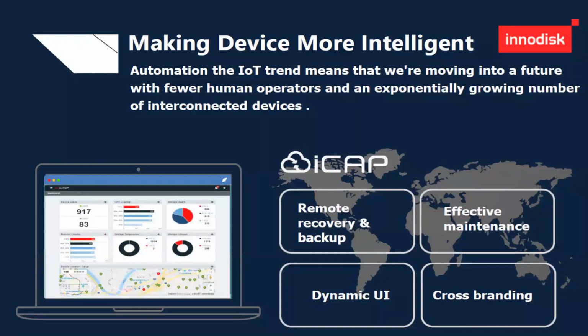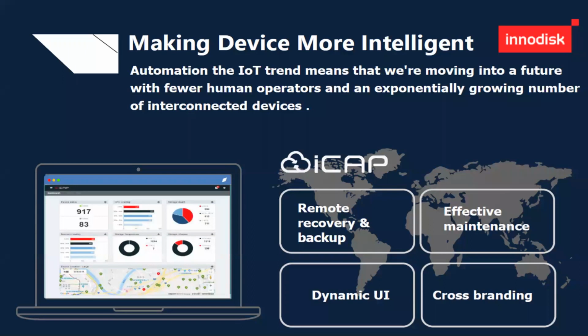Automation, the IoT chain, means we are moving into a future with fewer human operators and an exponentially growing number of interconnected devices. iCAP can manage remote OS recovery and backup and monitor hardware status for effective maintenance.